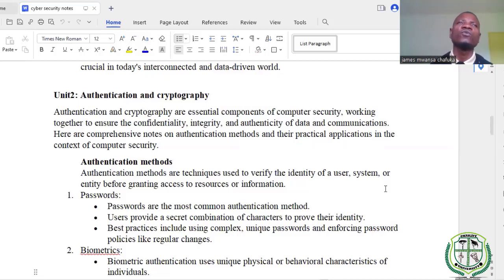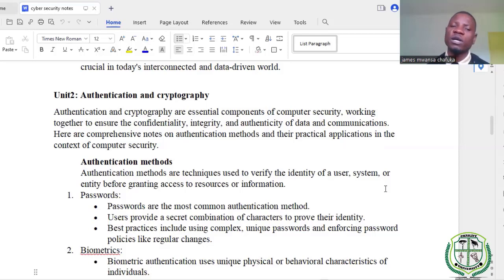So before the user, the system, or the entity can be granted permission to log into the system, there should be an aspect of authentication, very important. Before they can be granted access to see the resources or information, they have to pass through the point of authentication.